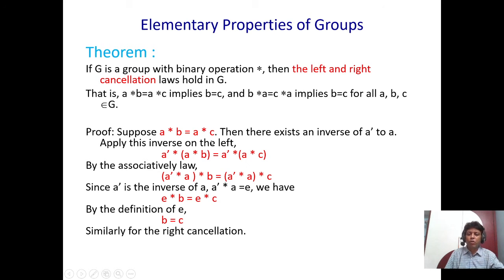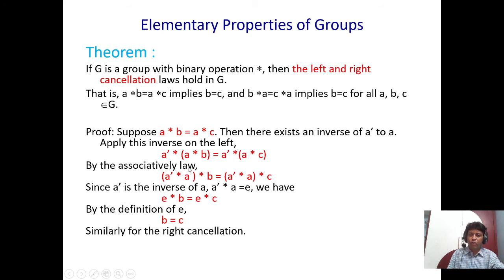Suppose A star B equal to A star C. So we have a proof. There exists an inverse A prime of A, so you take the inverse on the left. You get A prime star (A star B) equal to A prime star (A star C). And you know that in a group the associative property holds.